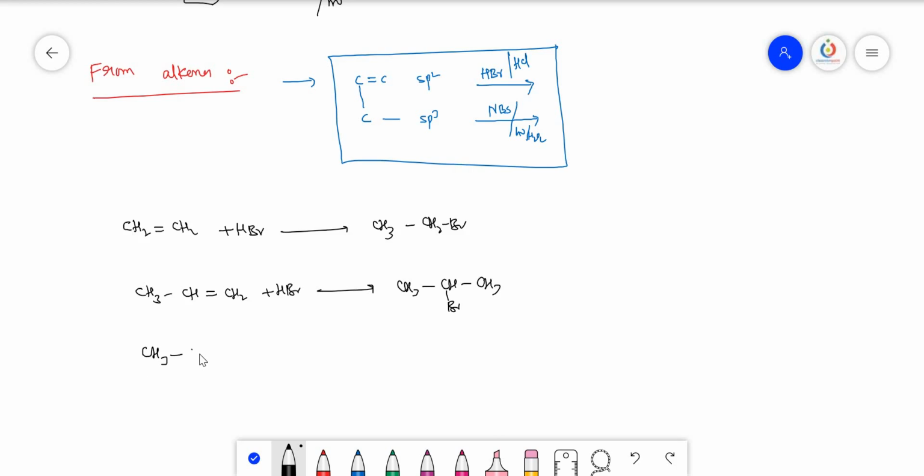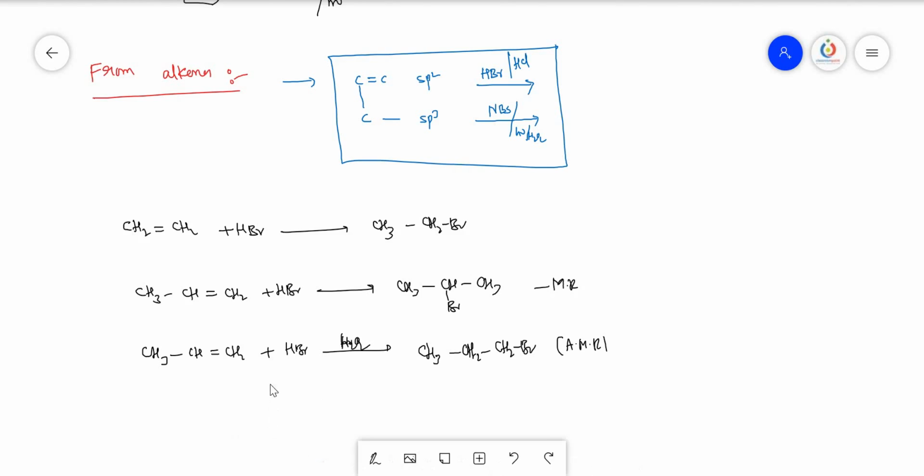Now you take CH3CH double bond CH2 plus HBr in the presence of peroxide, that means H2O2 I will take here. So the molecule is CH3CH2CH2Br. This is Markovnikov's rule. This is anti-Markovnikov's rule.